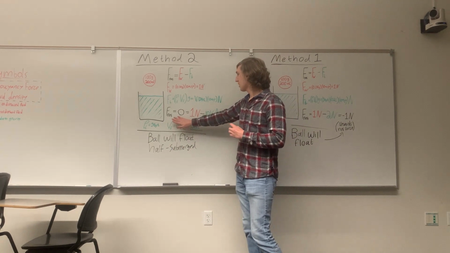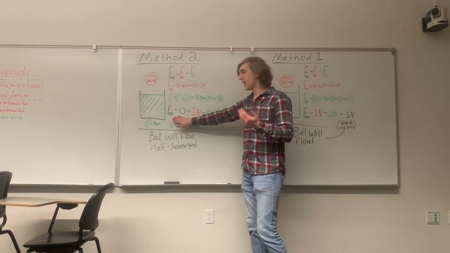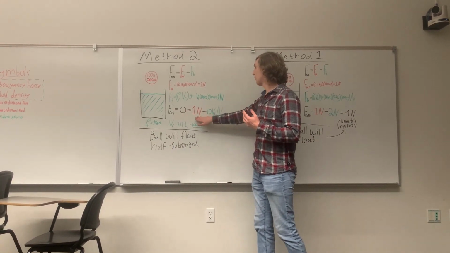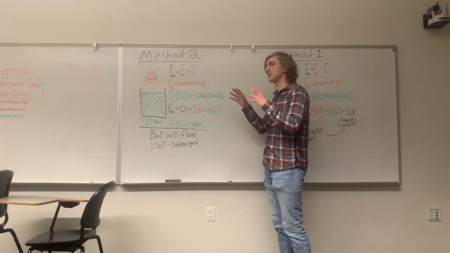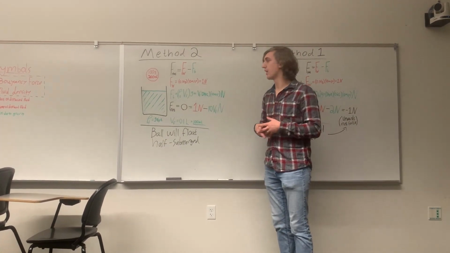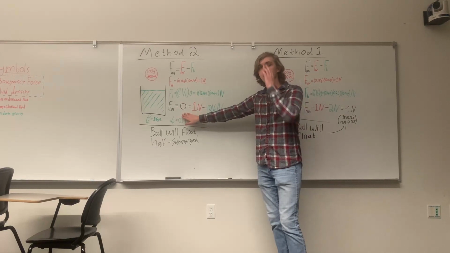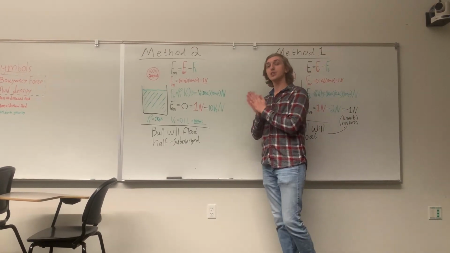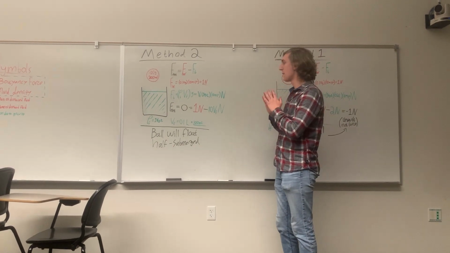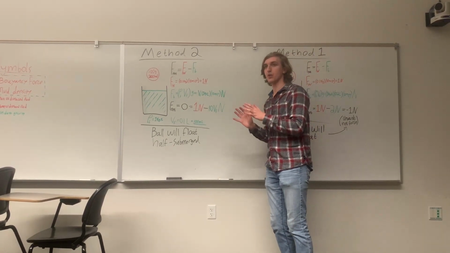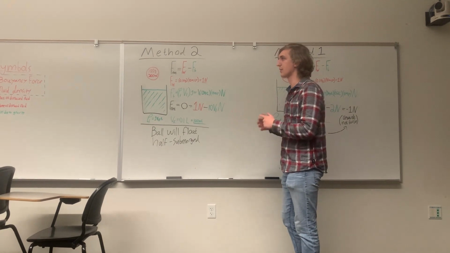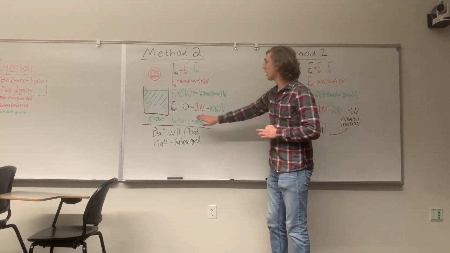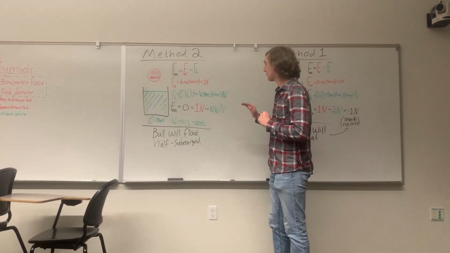So we go back to this equation. F net equals 1 newton minus 10 times the volume of displaced fluid, and we're going to assume that that's equal to 0. The reason we're going to assume that is that we're going to assume the ball is floating in this example, and we'll be able to check if it is or not when we get our answer for the volume.